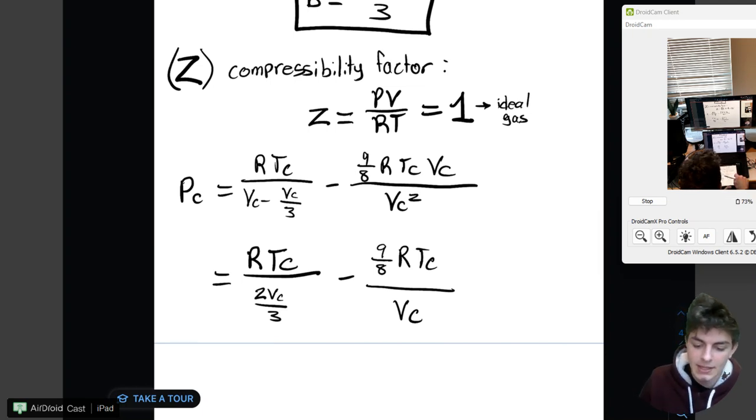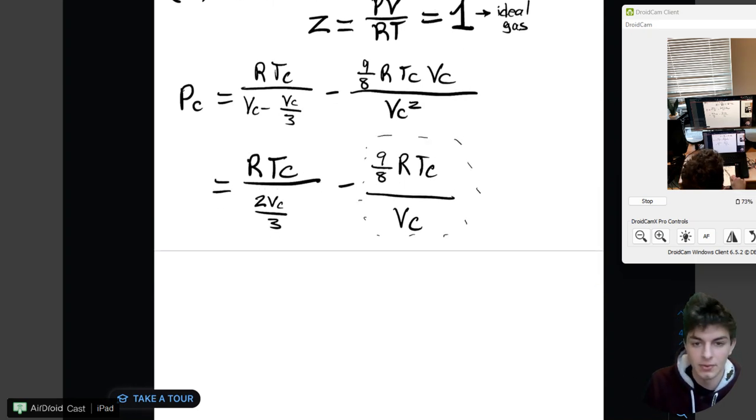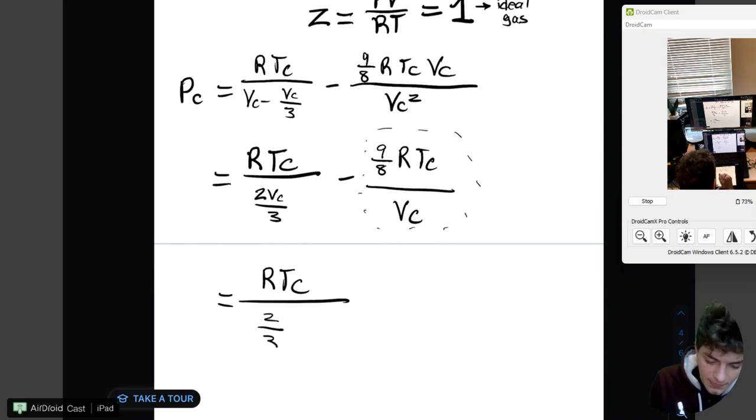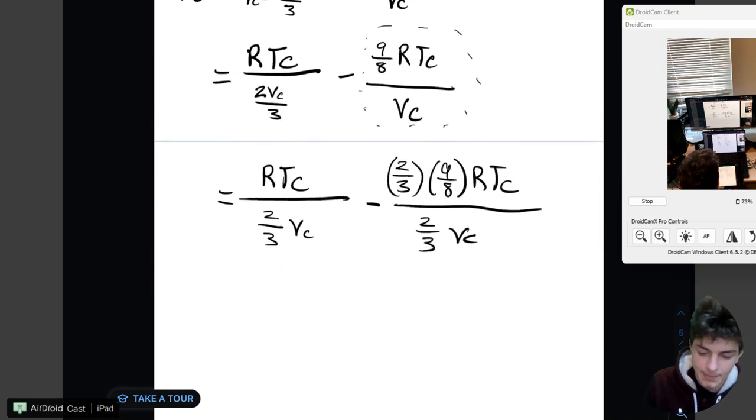Then, if I multiply this right-hand side here by 2/3 over 2/3, or 1 virtually, to get like fractions, this will be 2/3 times 9/8 RTC, 2/3 VC.